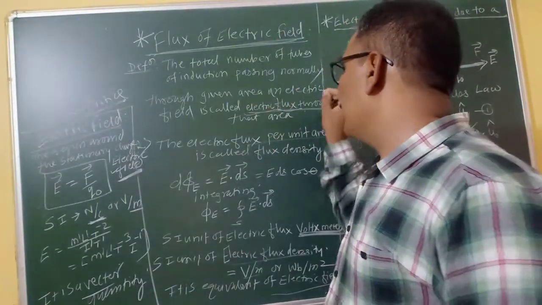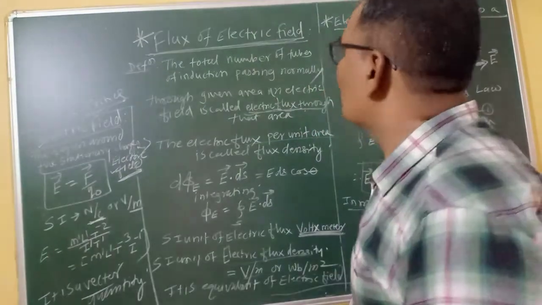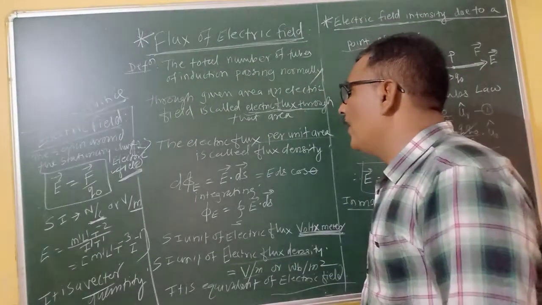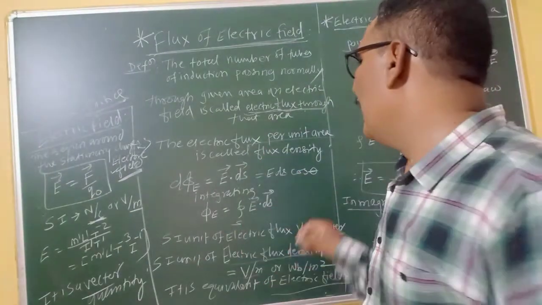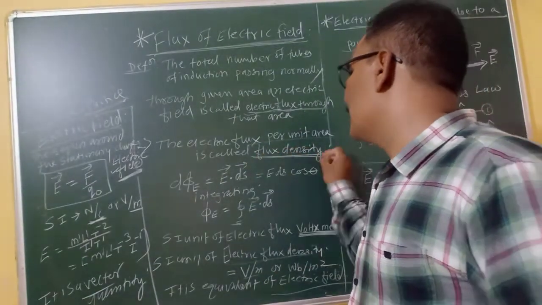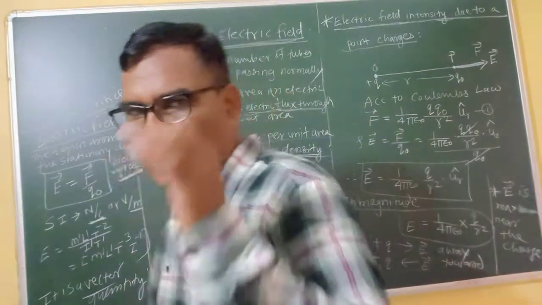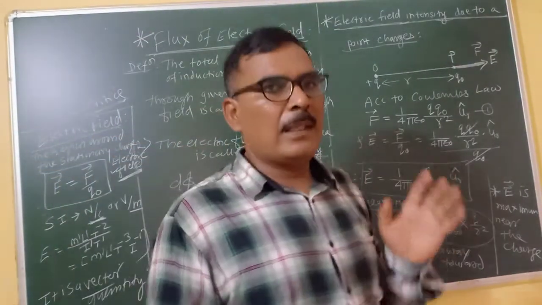That is called the flux of electric field around that point. And electric flux per unit area is nothing but the flux density. What is flux density? Electric flux per unit area is called flux density.